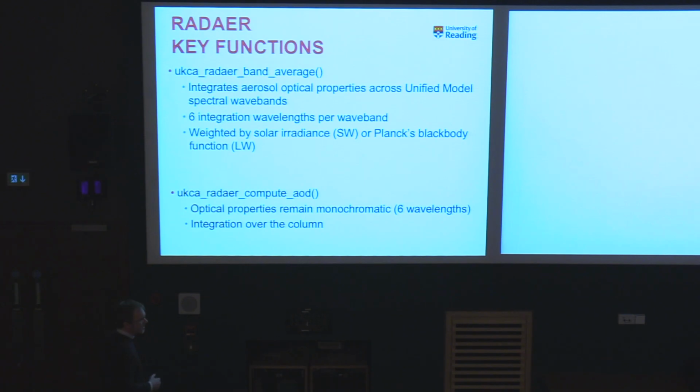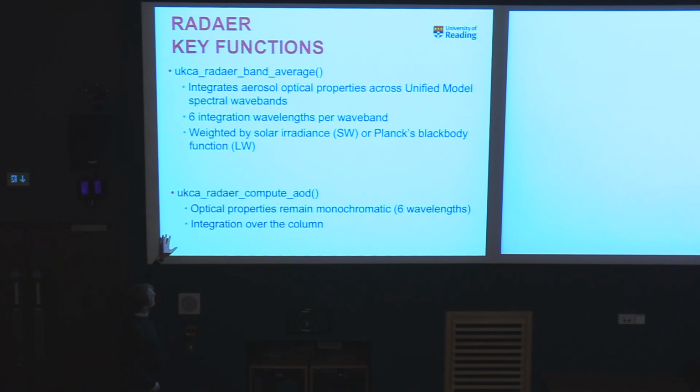The integration is done at 6 wavelengths across each wave band, and it's weighted by a solar irradiance or the Planck blackbody function, depending on the spectrum, as mandated by the radiation scheme.